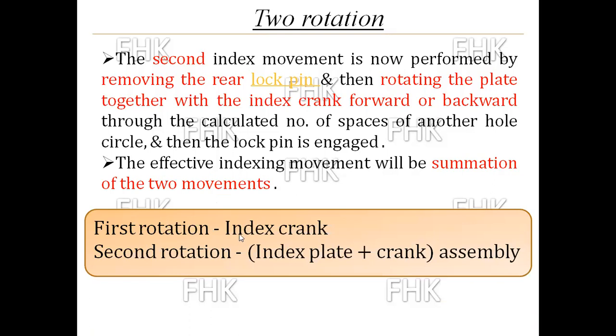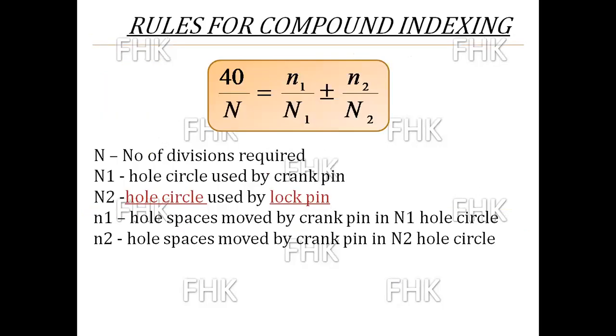The first rotation is the index crank rotation, and the second rotation is the index plate plus crank assembly. This complete assembly you will rotate either clockwise or anti-clockwise. So there are two rotations. The summation of the two rotations is your final indexing, which is called compound indexing.